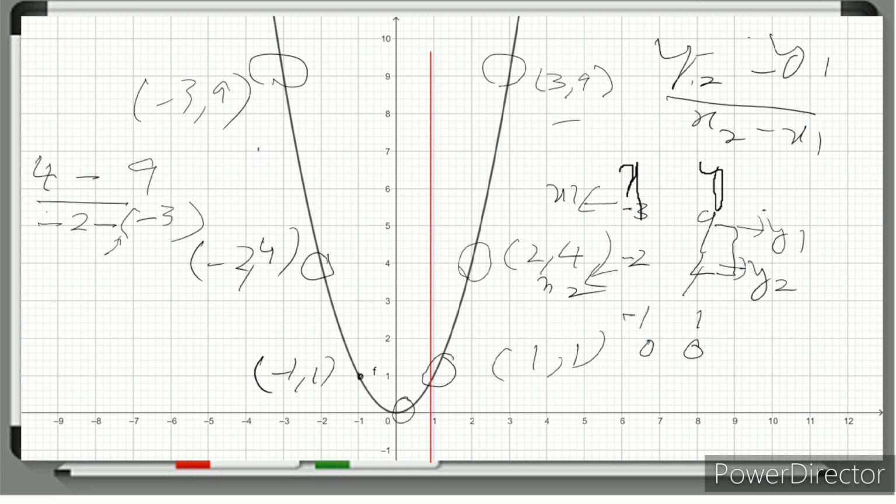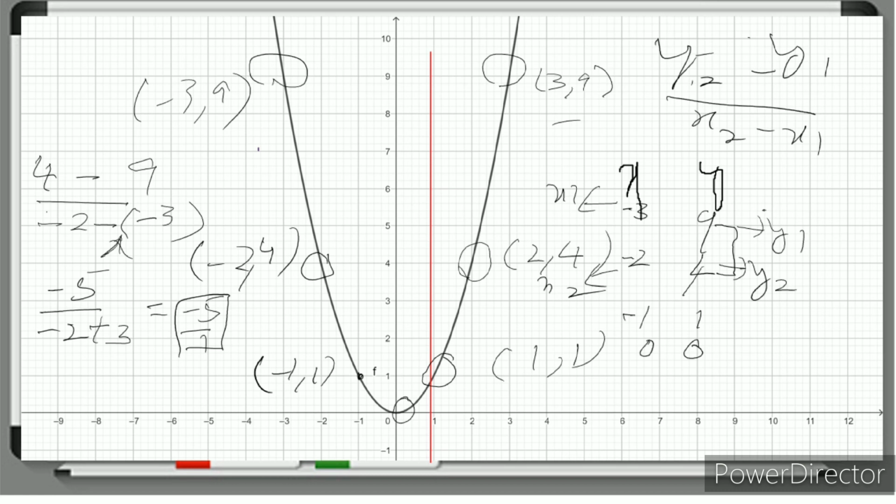Now minus times minus will be plus. Here I will get 9 minus 4, 5, bigger number, minus sign. Here minus 2, minus times minus is plus, so plus 3. Here I get minus 5 over 1. So I get the value as minus 5.